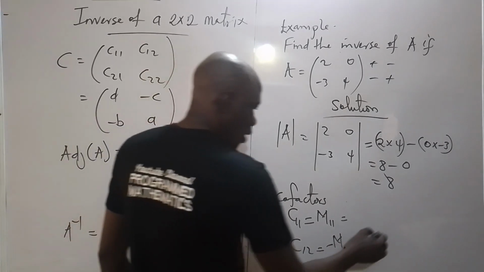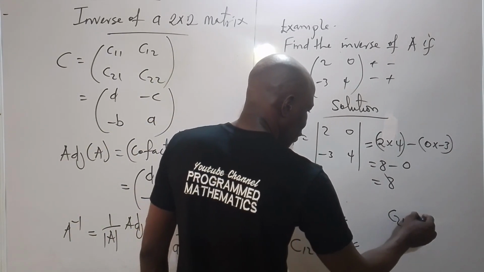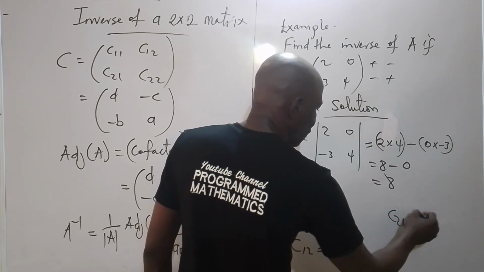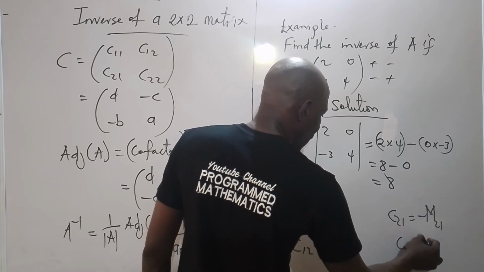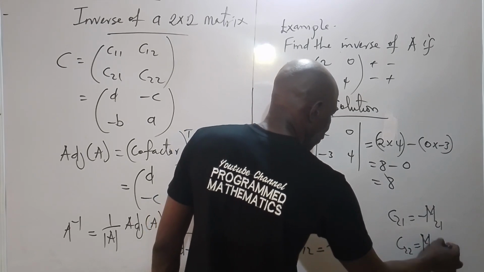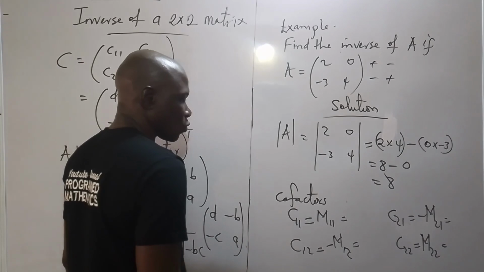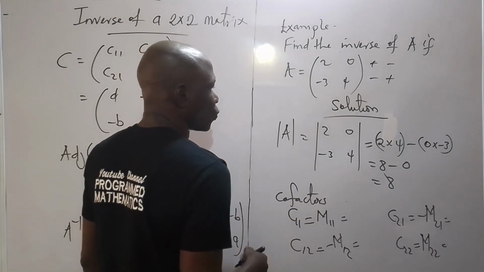Then C21, the sign convention is minus, so minus M21, and then C22, the sign convention is positive, M22. So let's get M11, M12, to M22.